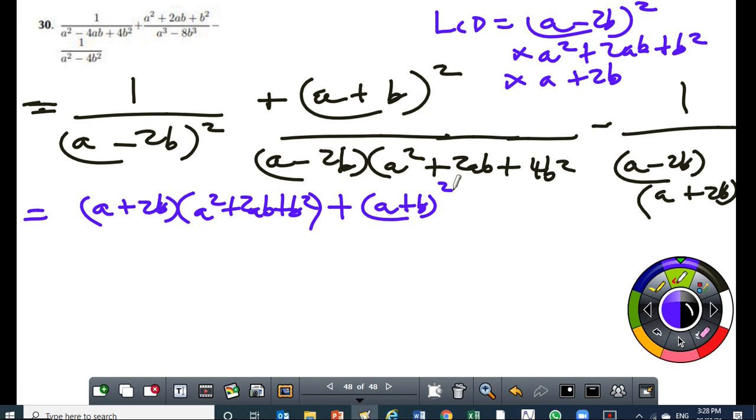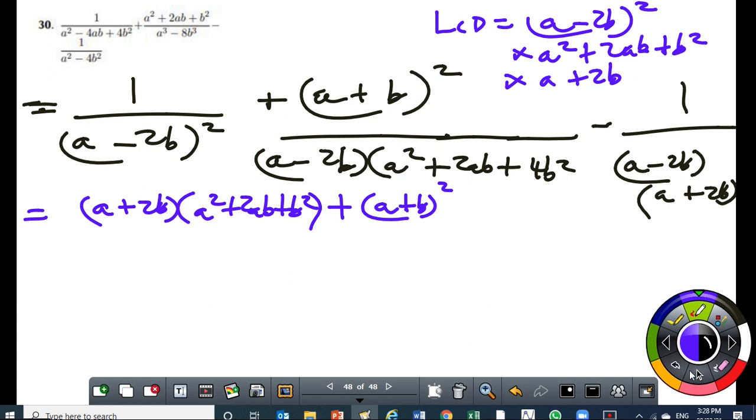So when I multiply, I have to multiply by the product of a minus 2b and a plus 2b, which is a difference of 2 squares.